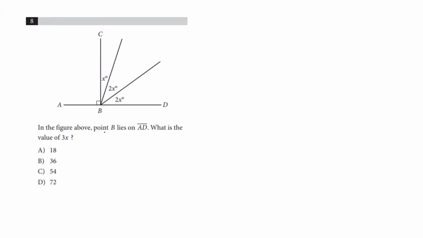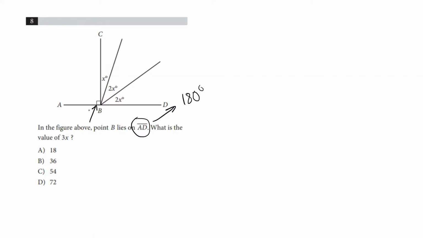So in the figure above, point B lies on AD. What is the value of 3x? Okay, so this is a rather interesting problem. What we do here is that we realize that this angle over here is a right angle. Okay, so a line, by the way, AD is a line, as we know by this notation. So a line has an angle measure of 180 degrees.